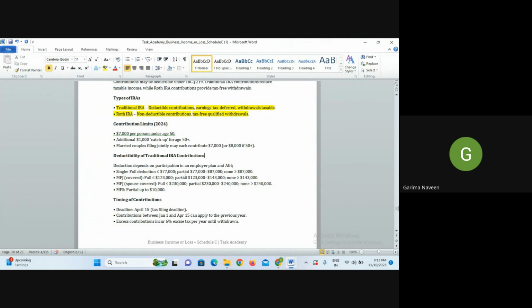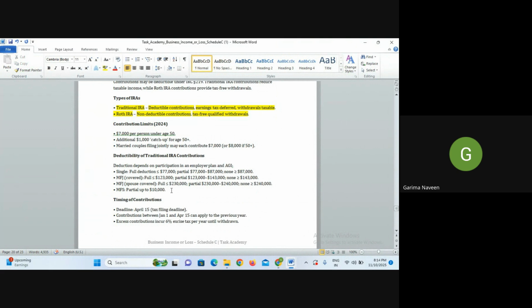Okay. So if you do not have any employer sponsored plan, you can get this type of IRA yourself. But if you already have an employer sponsored plan, then there is a limitation on contribution as well as deduction.